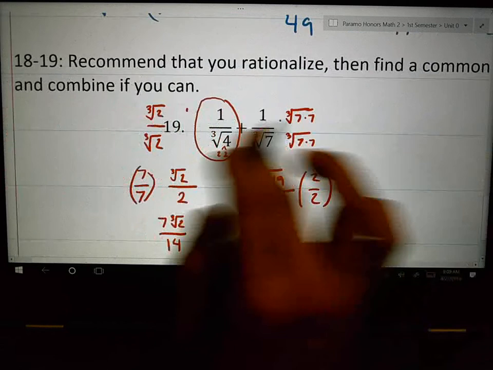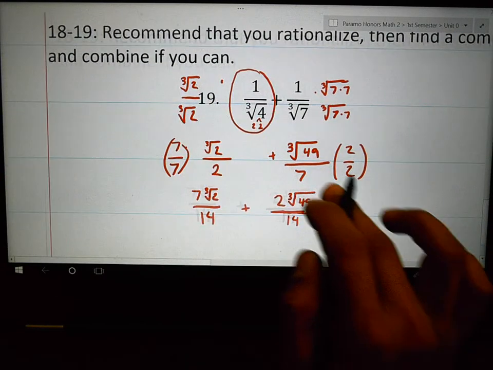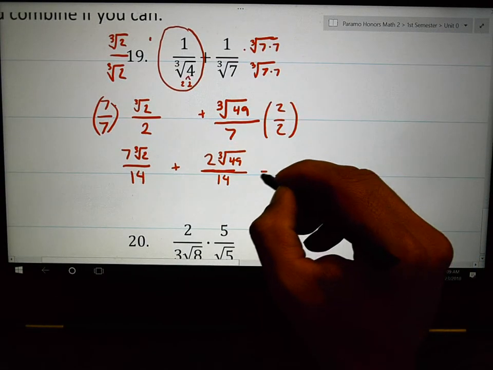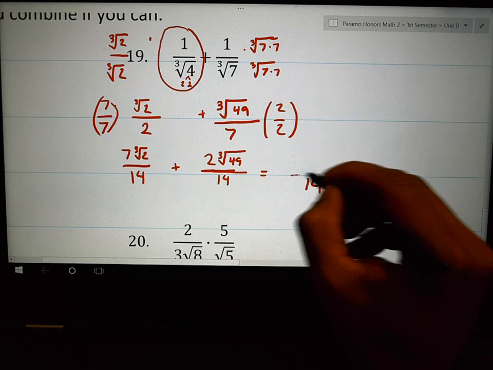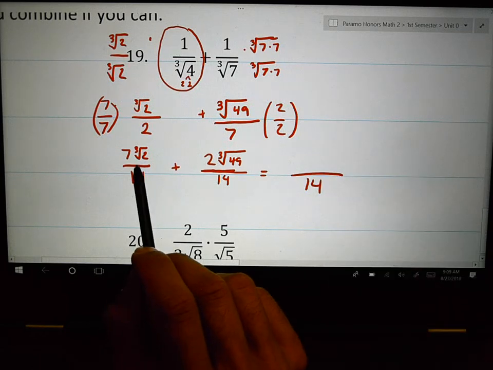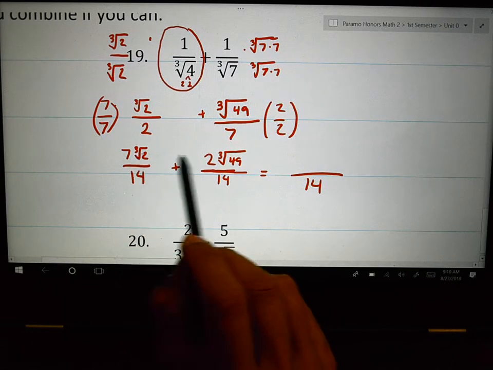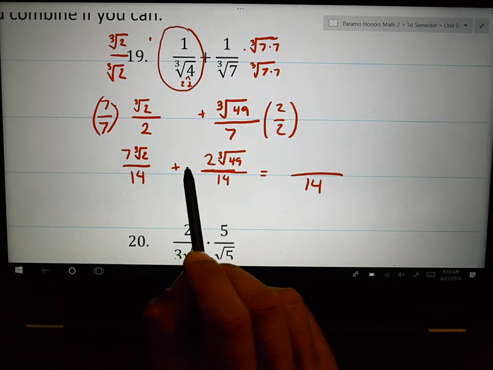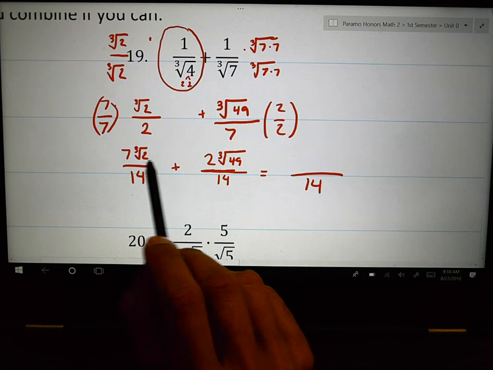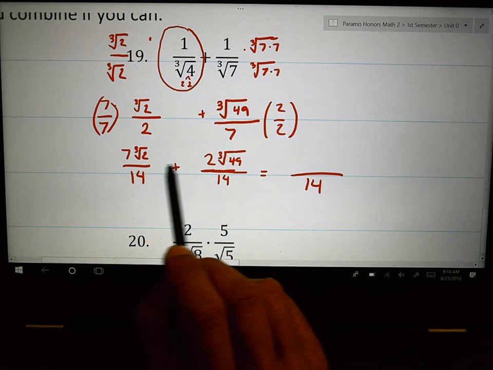And combine if you can. I'm going to put these over a common denominator. I can only add radicals if they have the same index, root 3, and the same radicand. Do they have the same radicand? This will not simplify at all.